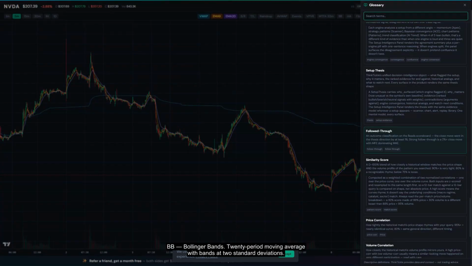BB, Bollinger Bands. 20-period moving average with bands at 2 standard deviations. Classic mean reversion overlay.